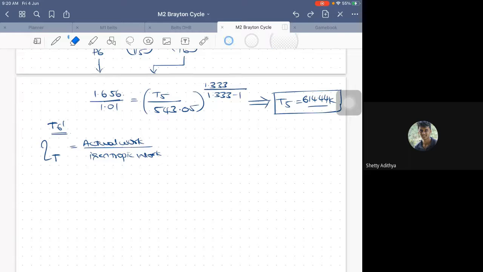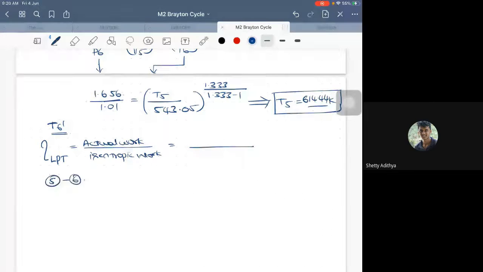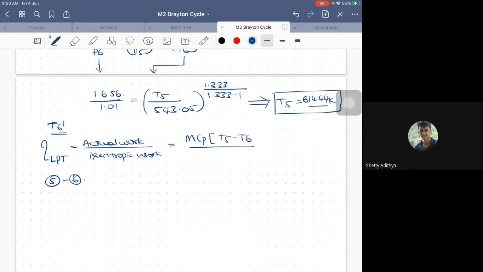So what I do is I just write the efficiency of low pressure turbine. The process takes place from 5 to 6, I guess. So how will you write the actual work? It is mCp into T5 minus T6. But since it is the actual work, you need to have a dash there.